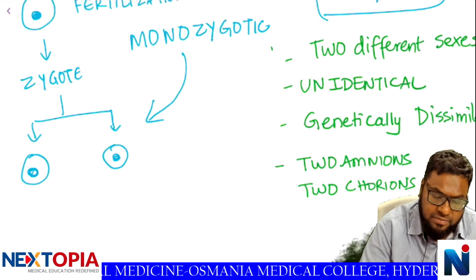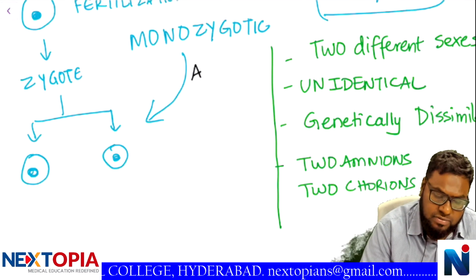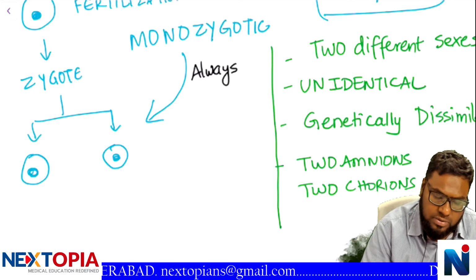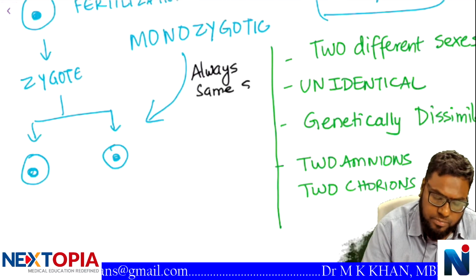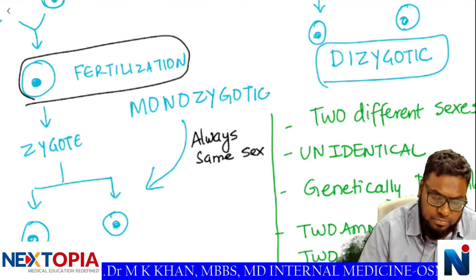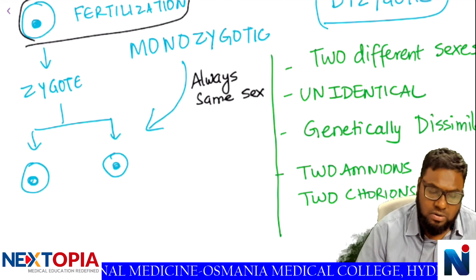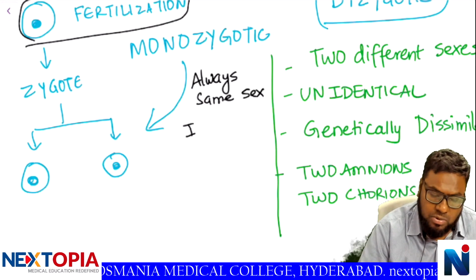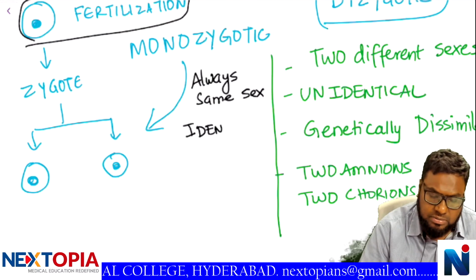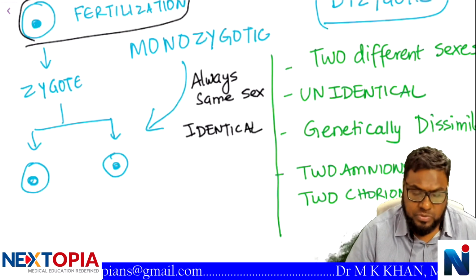If you compare the same with the monozygotic twin, they always have the same sex. Why? Because sex is determined at the time of fertilization and division of this zygote has occurred after fertilization. Hence, the sex is always the same here. They are very much identical to each other. All right.